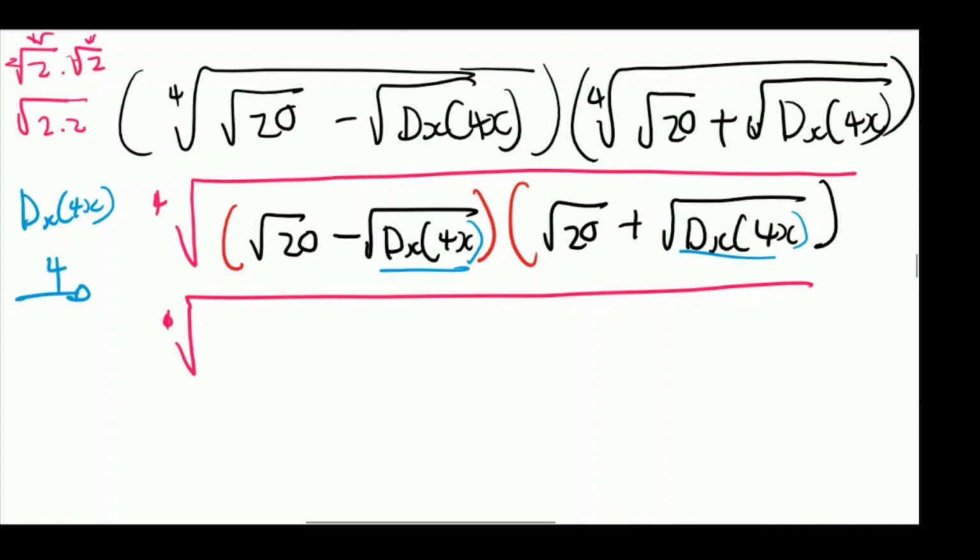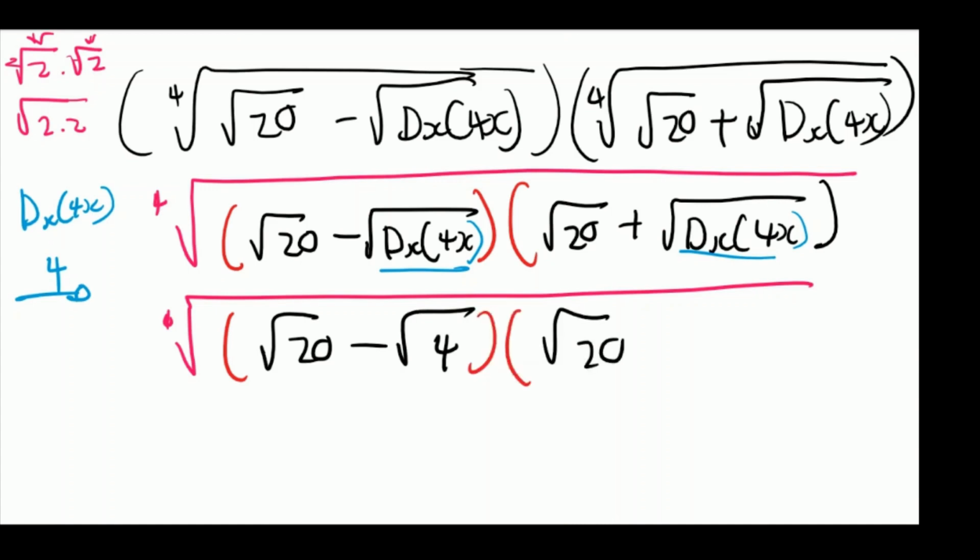So that's what we're going to put inside here. So it's going to be your bracket and root of 20 minus root of 4. Then you close your bracket, open to the other side. You have root of 20 plus root of 4. Then you close your bracket.